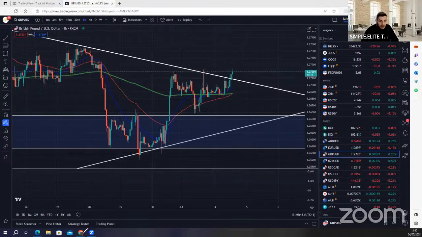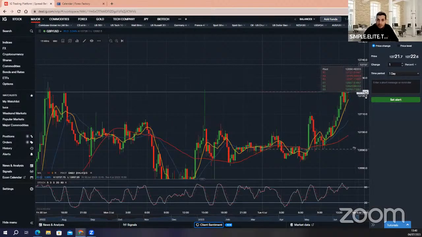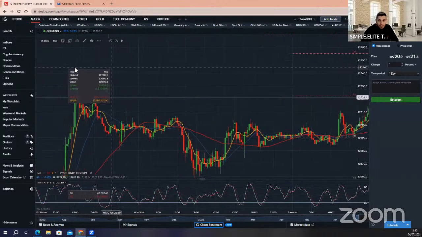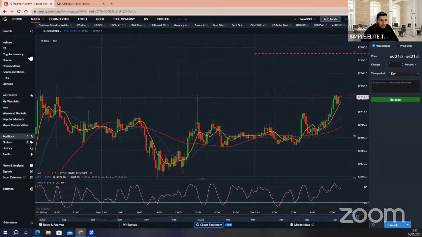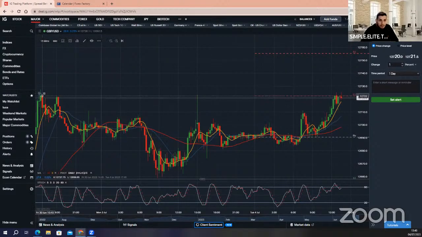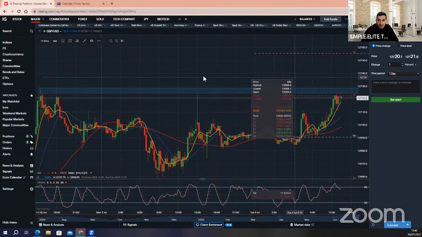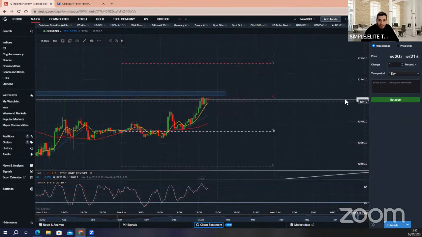That's why I had the alert on IG, which is my broker where I trade. So let's watch now carefully. That's why it's the 50-minute chart, and I want to see if price comes back to this area and retests to be on the long side.